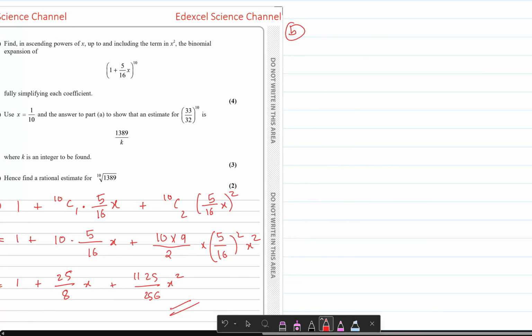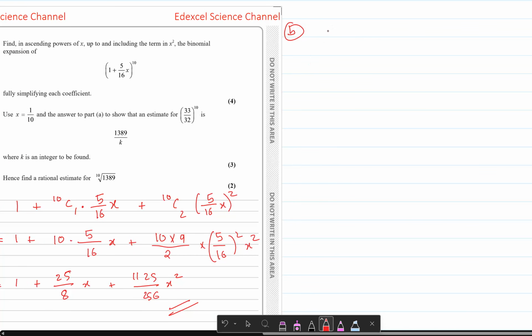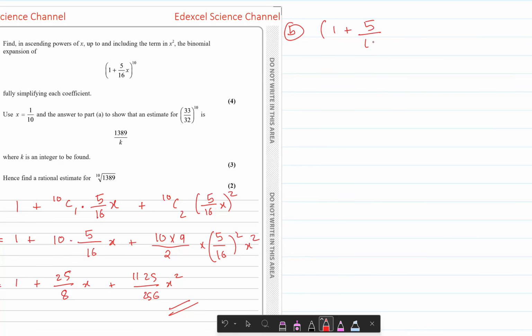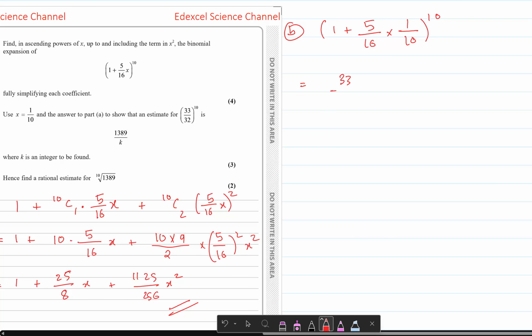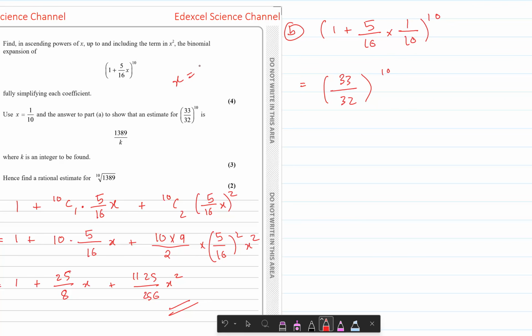Okay, guys? So if I write this, 1 plus 5 over 16 times 1 over 10 to the power 10, it will become 33 over 32 to the power 10. Now I know that if my x value is 1 over 10, then this becomes 32 over 10.